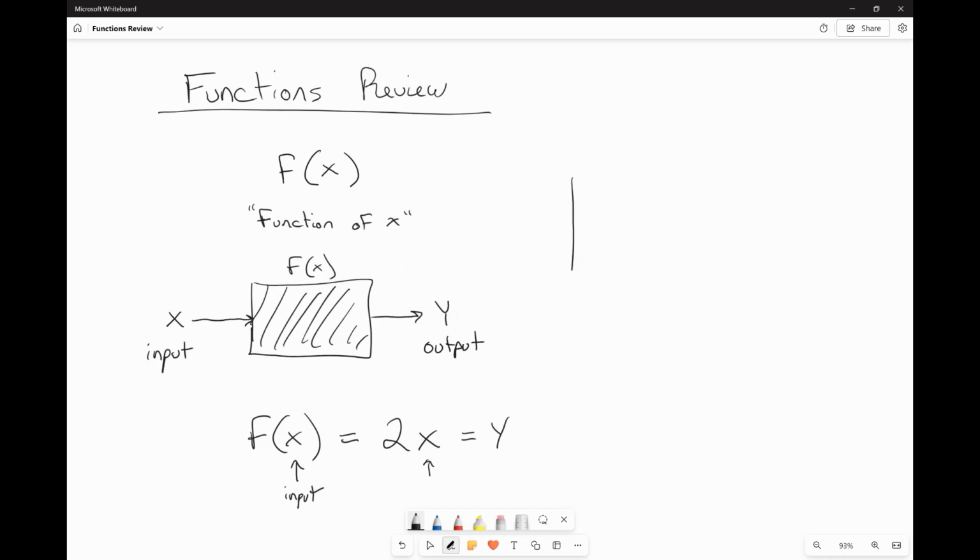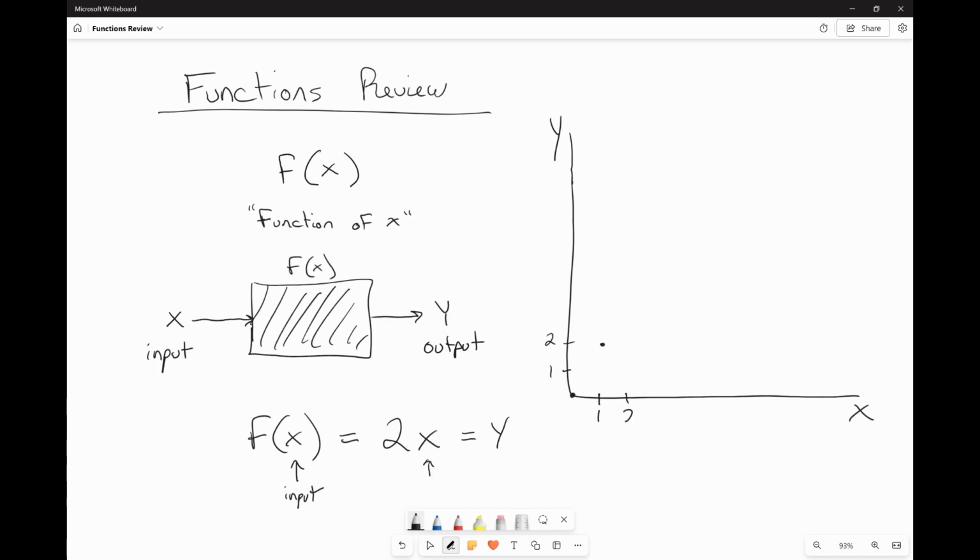So we can think about this. We can even graph it. Let's say we had this function. So here's x, our input, and here's y, our output. If x was 0, so if the input was 0, the output would be 0 because 2 times 0 is 0. If the input was 1, then the output would be 2.